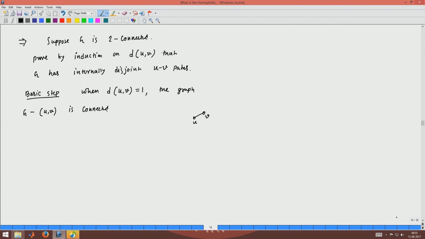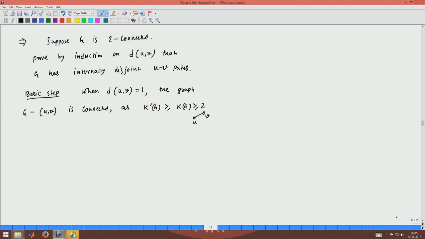This is connected because k prime G is always greater than or equal to k G, which is greater than or equal to 2.